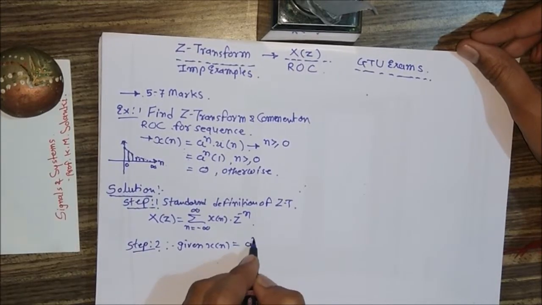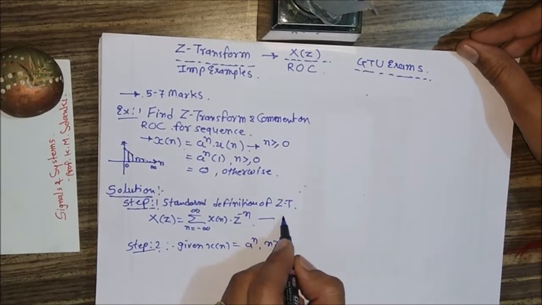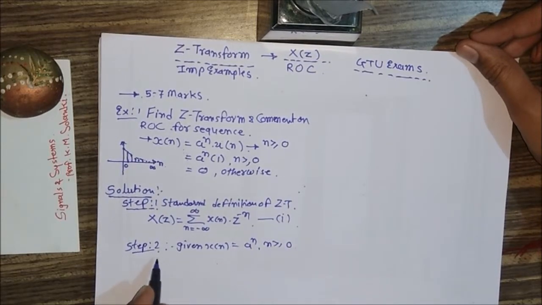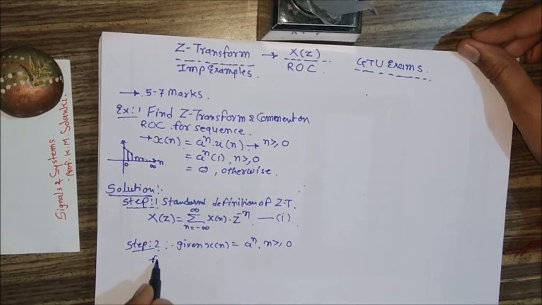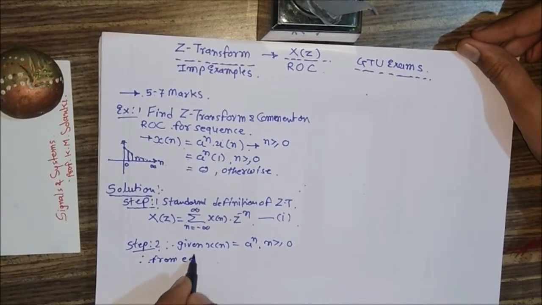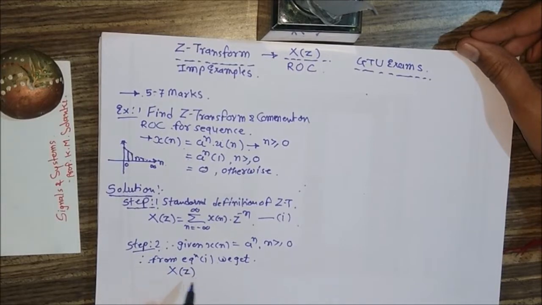Now for step 2, given x of n is a raised to n for n greater than or equal to 0. If we say this is equation number 1, then by putting this value of x of n in equation number 1, therefore from equation 1 we get x of z is equal to, now the limit of n would be the limit of x of n, as a raised to n is the scope for n greater than or equal to 0.